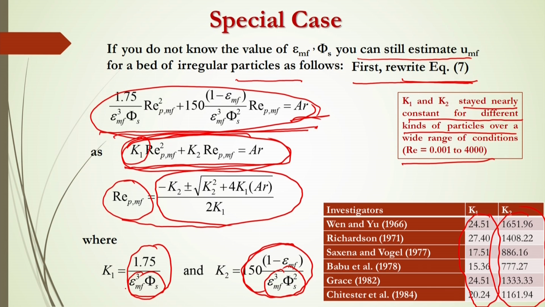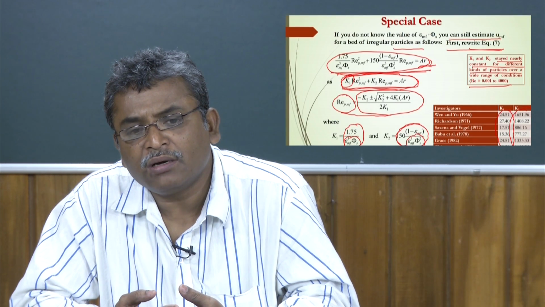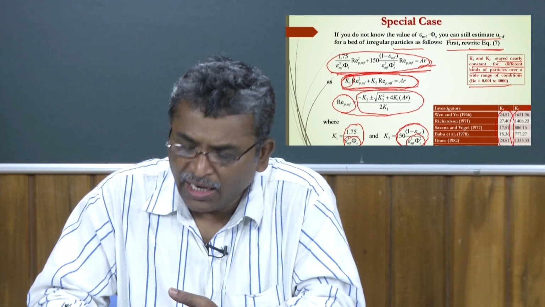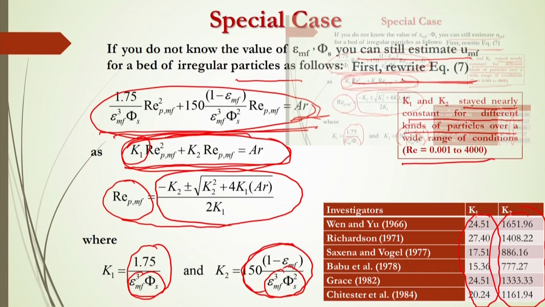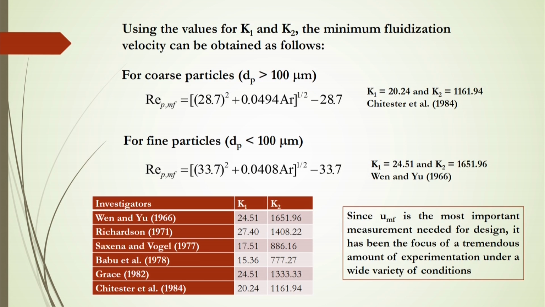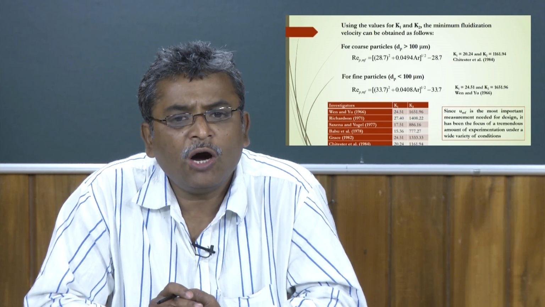So, with different minimum voidage and different sphericity, they have done different experiments, and from their experiments they got this K1 and K2. Now, using these values for K1 and K2, the minimum fluidization velocity can be obtained as follows.